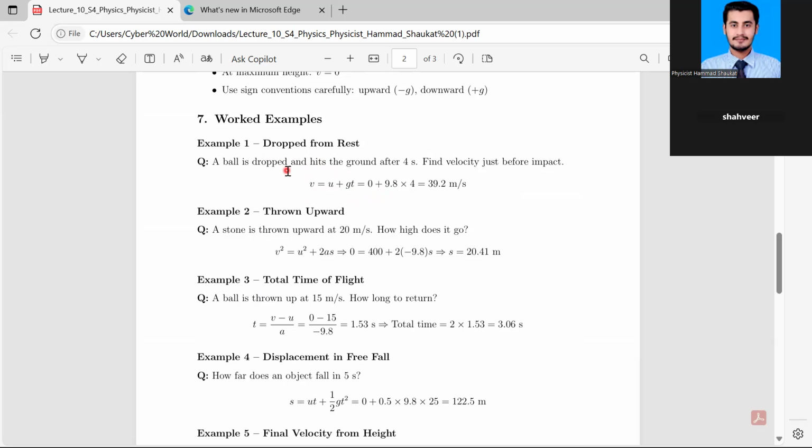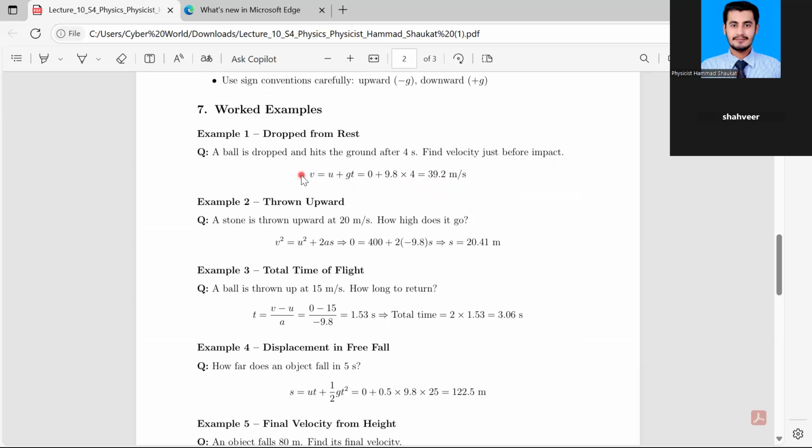And we know that for downward motion we have to take positive 9.8. So here we take positive 9.8 multiplied by time. Just multiply 9.8 by 4, and you will get your answer, which is 39.2. Because you are finding final velocity, the unit is meters per second.